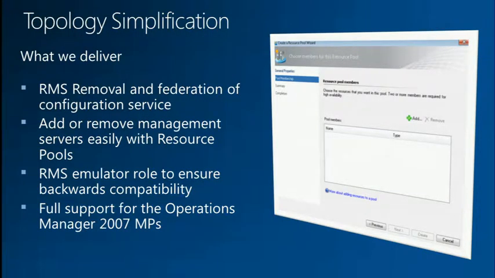We have heard from many of you that that is indeed a source of bottleneck for your management group. And clustering of the root management server is also a very difficult scenario to accomplish just to provide high availability in your management group.